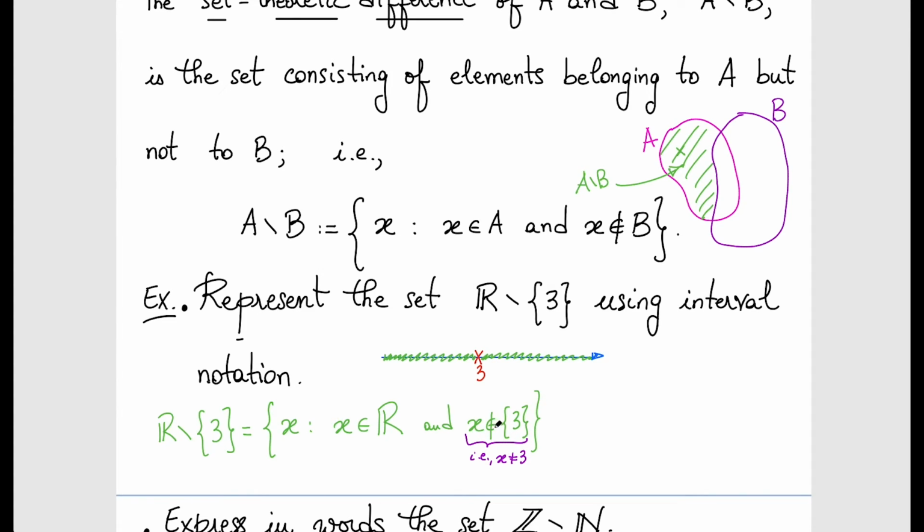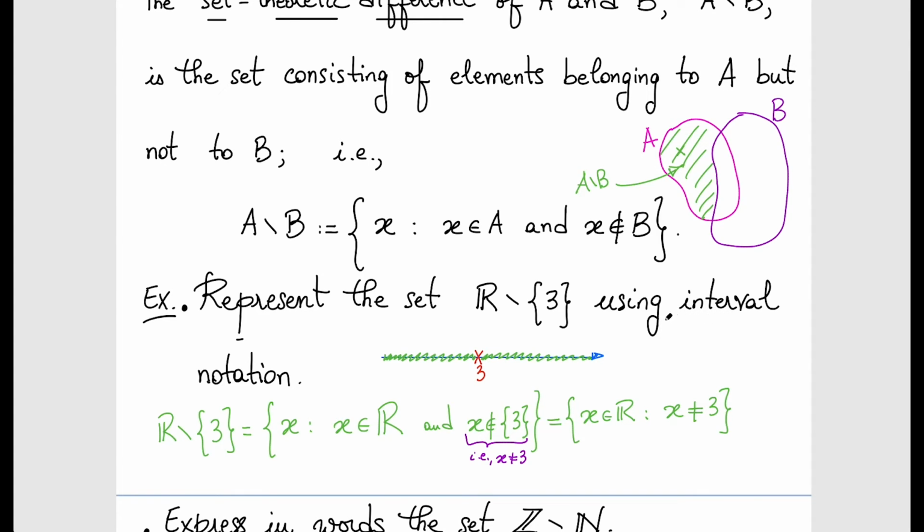What it means that x is not in the set 3: the only guy that's in the set is 3. So if x is not there, this means x is not 3. So as such, we can say that this is the collection of all real numbers that are different than 3, right? Correct? As the picture indicates.